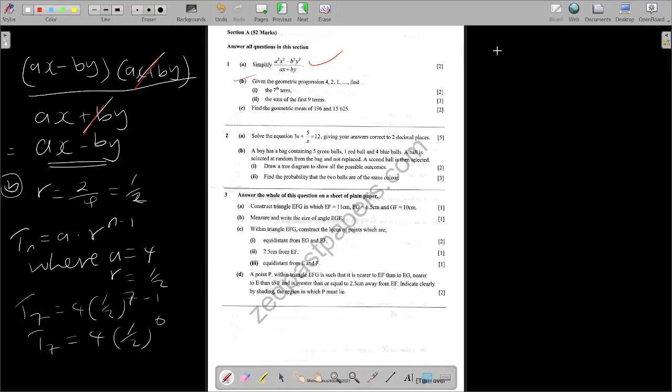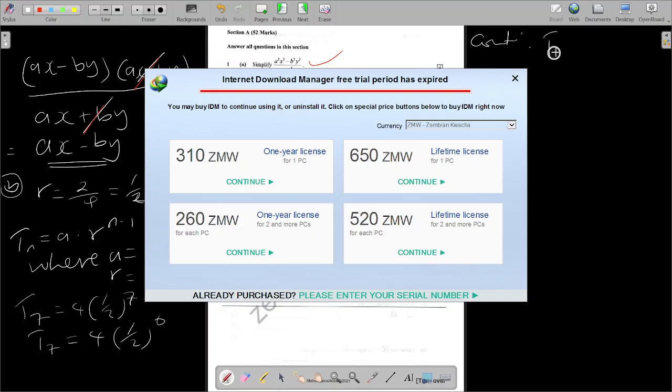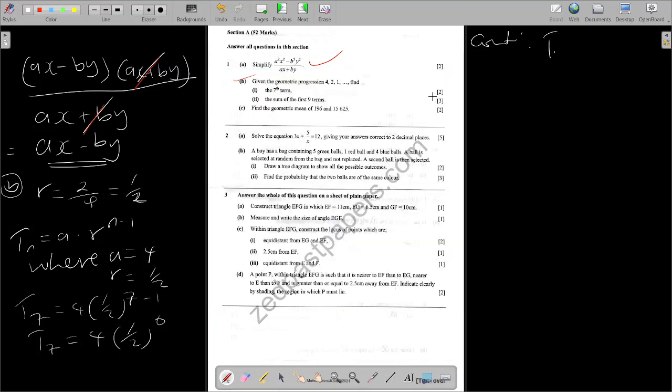So the seventh term is equal to 4 times (1 over 2) to the power 6, and once we calculate this, we'll have 4 multiplied by 1 over 64.